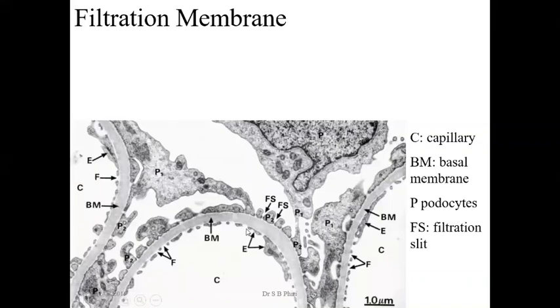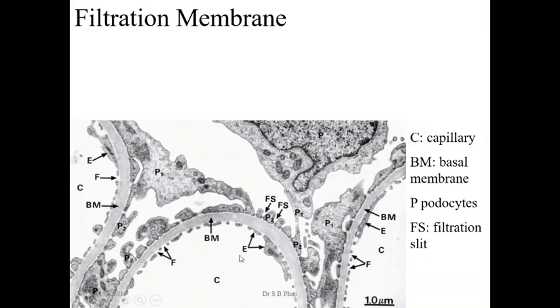First, the endothelial cells of the capillaries, and in between them you have fenestrations, or spaces or openings. Then you have the basement membrane after the endothelial cells. Then you have the podocytes. The podocytes have foot-like processes, and in between them there are also openings, which are called filtration slits.